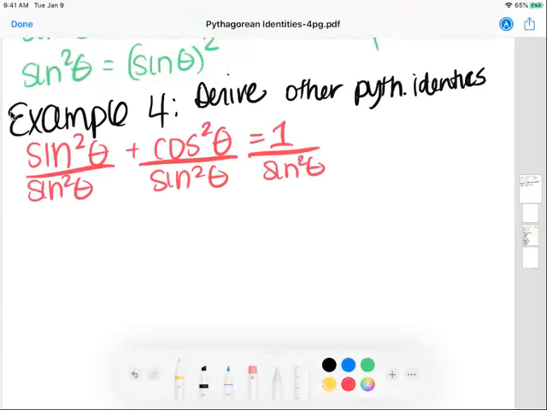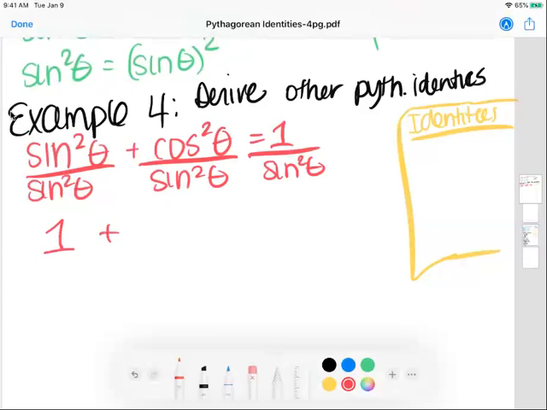I'm still going to be using some identities here, so I'm going to make my box. Let's simplify. The first part of the expression, sine squared theta over sine squared theta, is just equal to 1. In the middle, I've got cosine squared over sine squared, and I'm going to rewrite that so that I can use one of my identities.